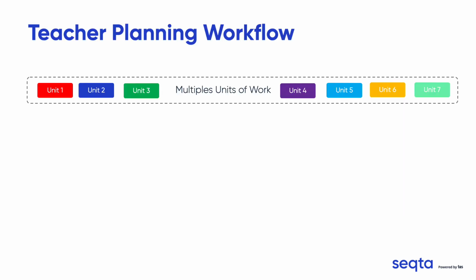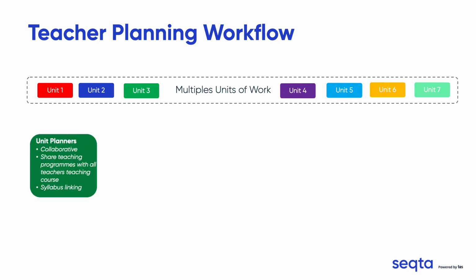So then let's apply this to the teaching workflow. Up here on the screen, you can see in this particular 12-month course of study, there are 7 units of work. So it might be number for unit 1, measurement for unit 2, algebra for unit 3, etc. And then if we break that down more, unit planner is often the first step. Teachers don't have to do it, it's optional, but lots of schools do require it.